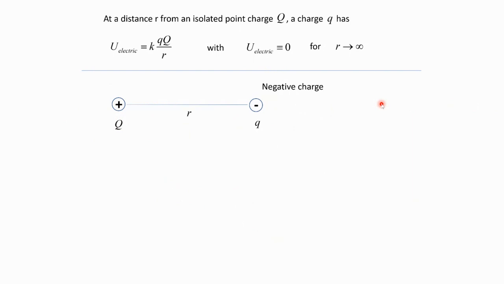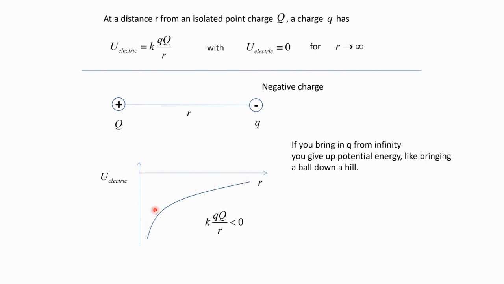Now, if I put a negative charge there, it will be attracted to the fixed big Q charge, which is positive. So the graph of the electric potential energy looks like this, right? The little q is negative, everything else is positive, so the overall thing is negative. Here's the origin. And so it's like walking down a hill.